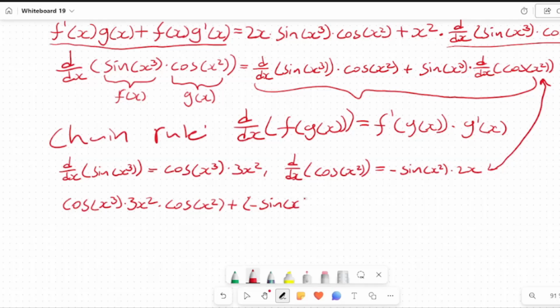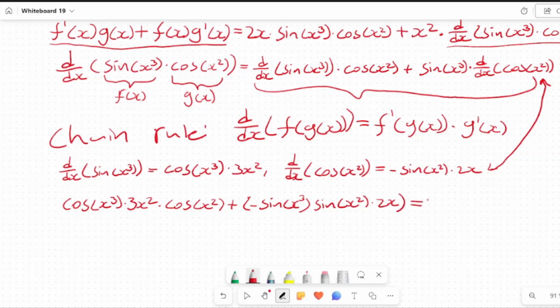So negative sine of x squared times the derivative there, so it's going to be negative sine of, or sine of x cubed actually. Oh, it's my fault. Okay, so negative sine of x cubed multiplied by sine of x squared times 2x.